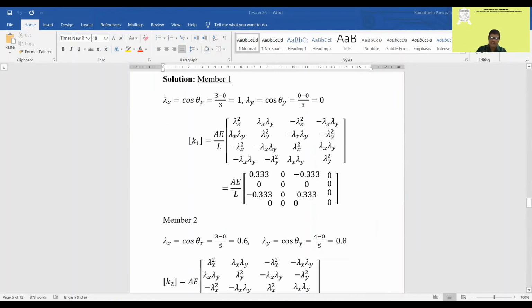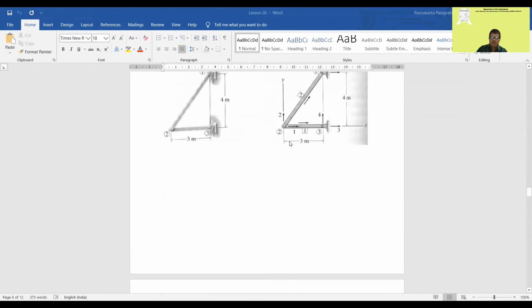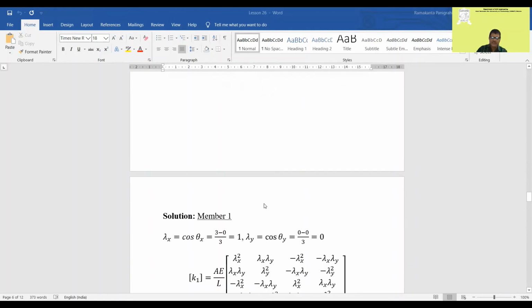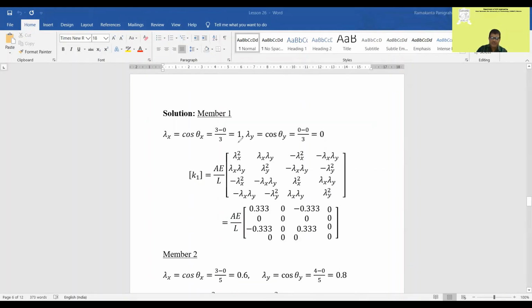At each end there are coordinates. Now, as I have told, member 1 is connected to 1, 2, 3, 4, right? So you can write down this matrix this way: 1, 2, 3, 4.